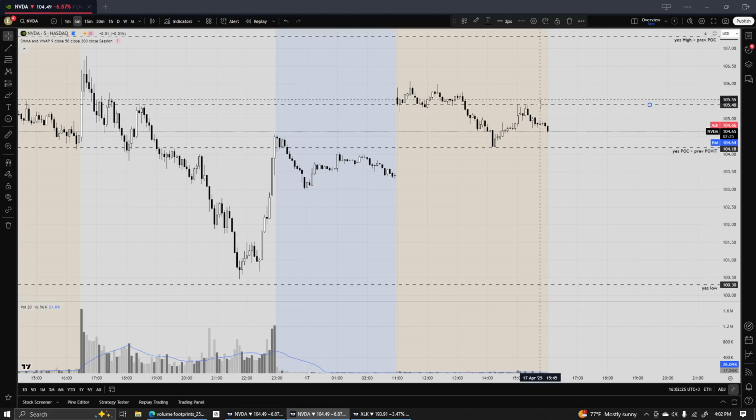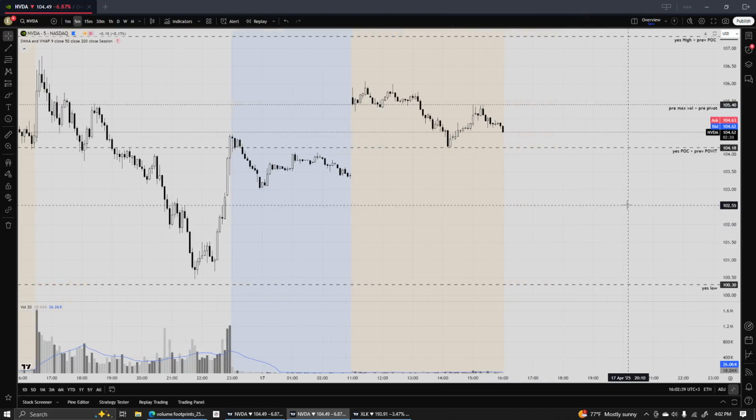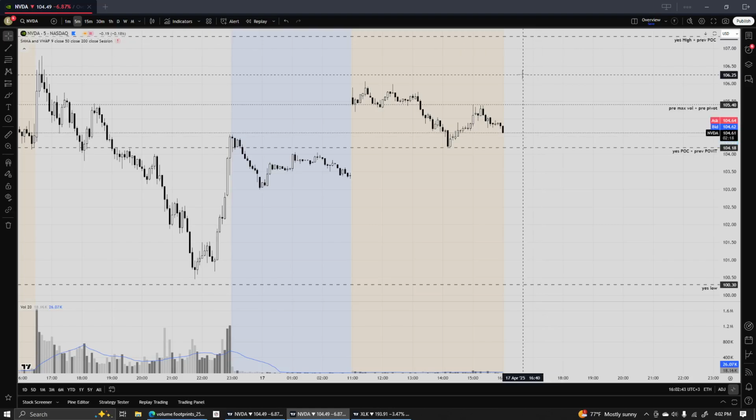Alt H, dotted. Pre-market max vol plus pre-market pivot. So both of these are important. Let's sync all of these globally.